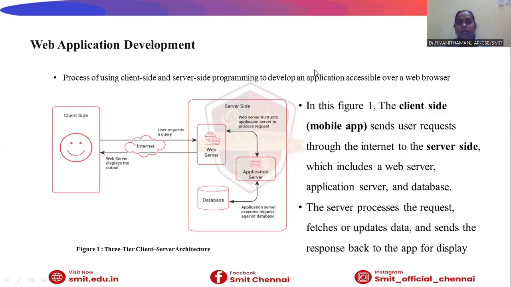Now we can move on to web application development. Web application development is a process of client-side and server-side programming to develop an application accessible over a web browser. In this figure, the client side sends the request through the internet to the server side, which includes the web server, application server and database.